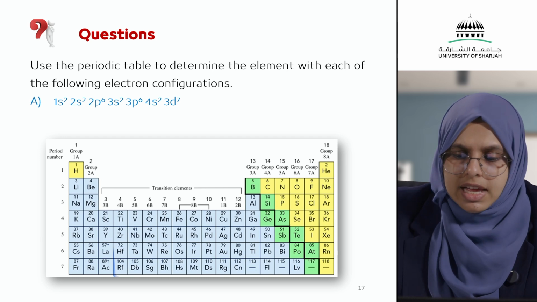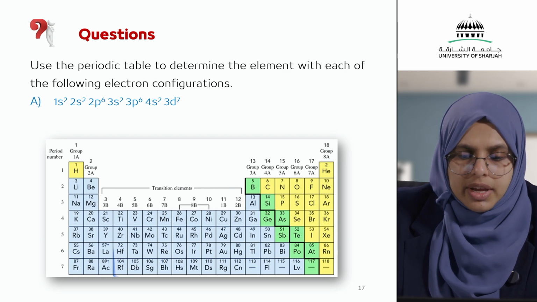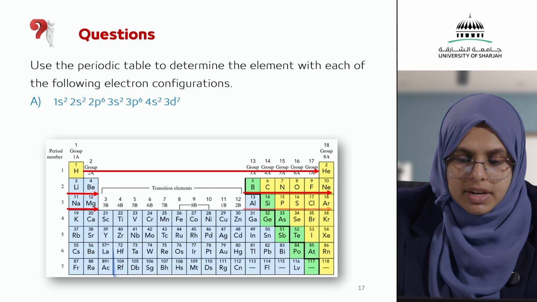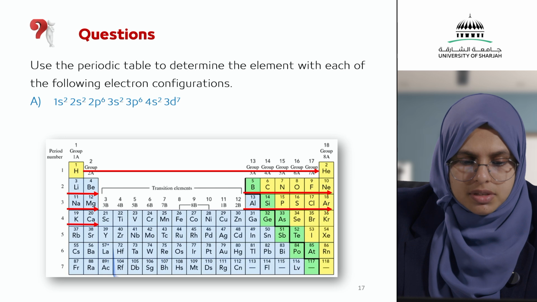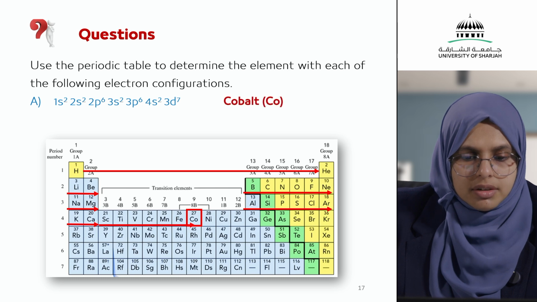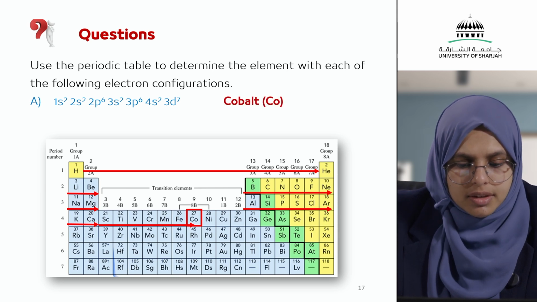The sublevels have been filled in order going across each period. There are 7 electrons in the 3d sublevel, and the 7th element is cobalt. So the element here is cobalt.